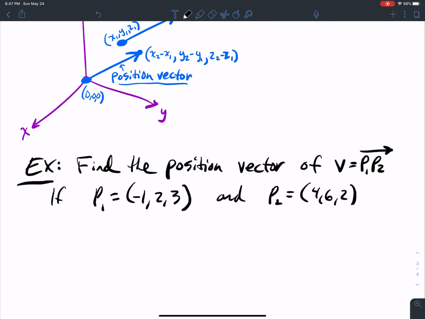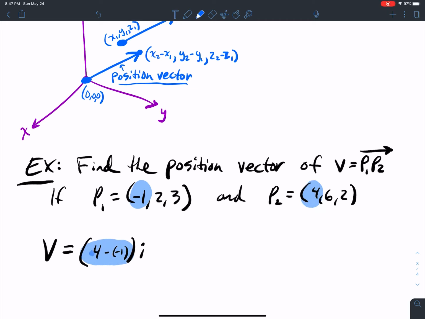So all I need to do is subtract. So my vector is (4 minus -1) i. Where's the i component coming from? It's coming from the first parts.